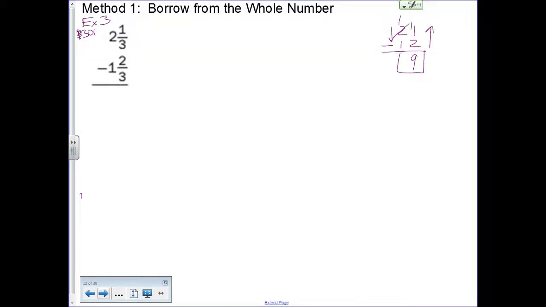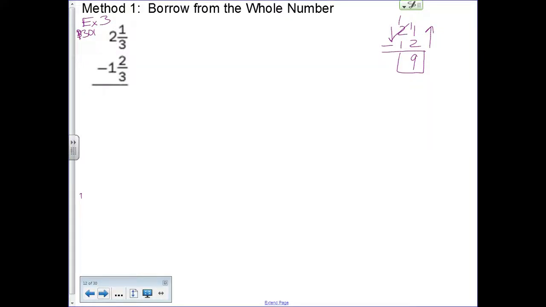Well, you can see that 2 is bigger than 1, so there's no problem here subtracting that. But when you look at the fractions, 1/3 is smaller than 2/3. We can't subtract that. So we're going to have to come up with a way of borrowing.